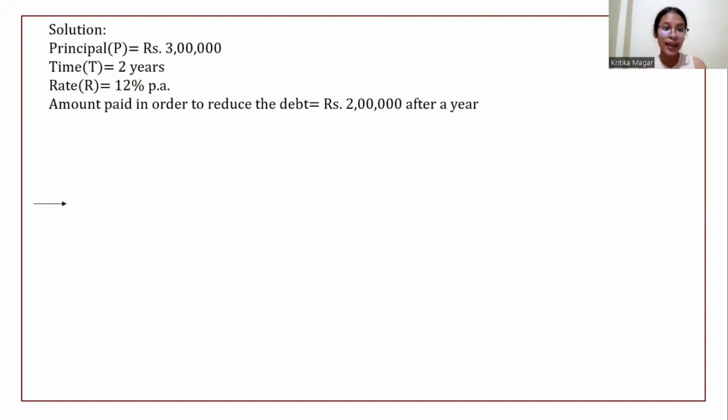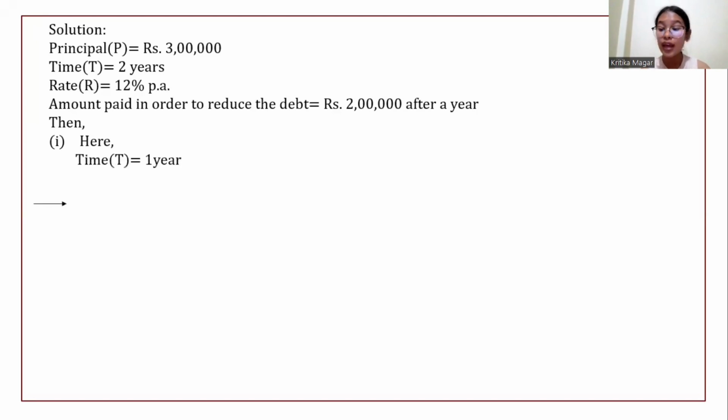And the amount paid in order to reduce the debt is rupees 2 lakh after a year, meaning after the first year. Then our first question is, how much did she pay at the end of the second year to clear her debt? So we have to find the amount that she paid in order to clear the debt.